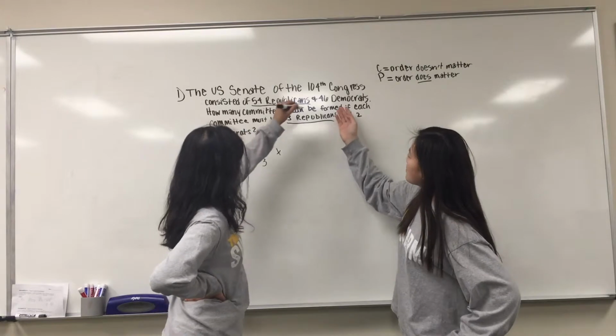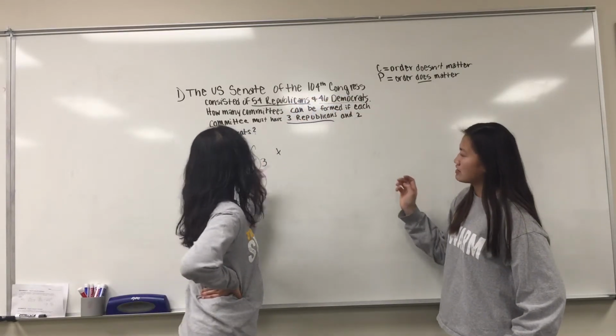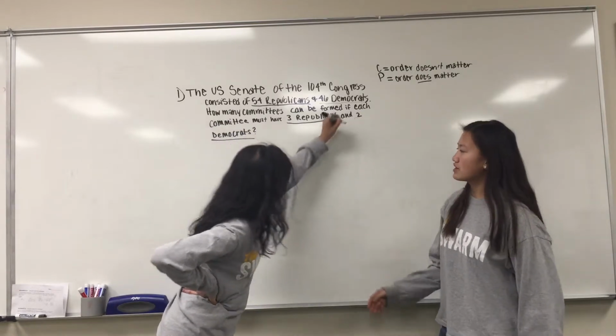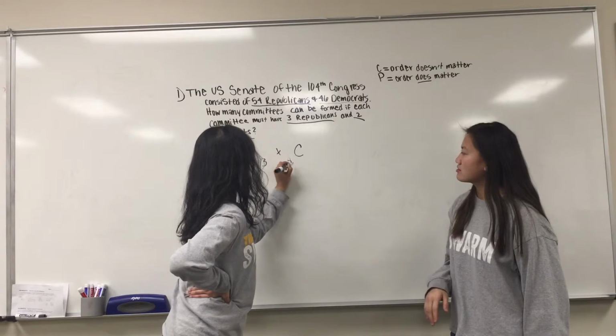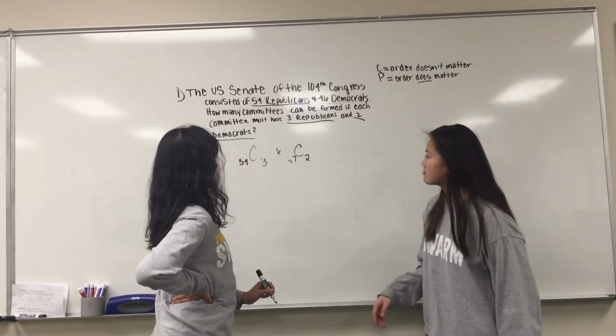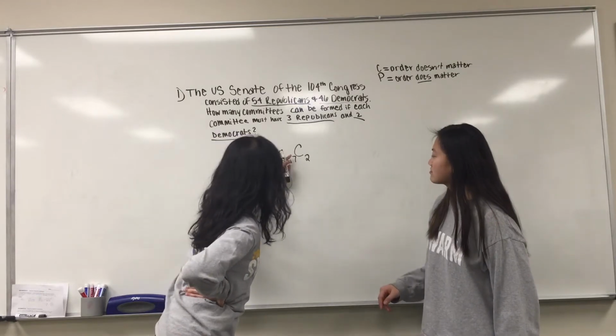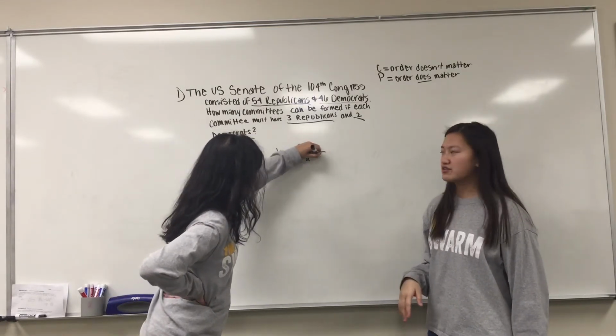Since we need both, we put a multiplication sign. Now we have 46 Democrats, and choosing from them we need 2, so we do the same thing for the Democrats: 46C2. Having this, we can put it into our calculators.